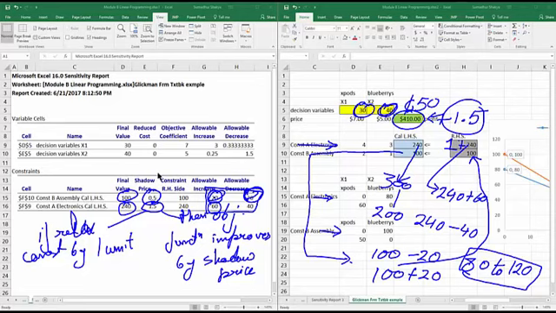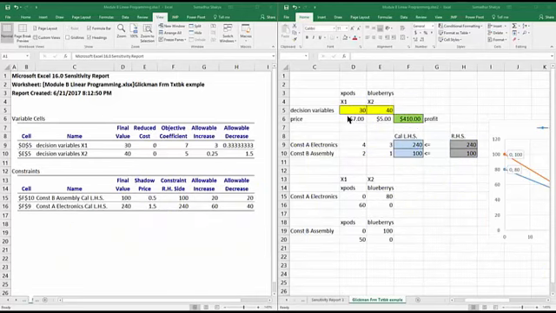Okay. Now, it also says if we were to change anything in terms of, let's say, the $7 and $5 worth of price, then too much.